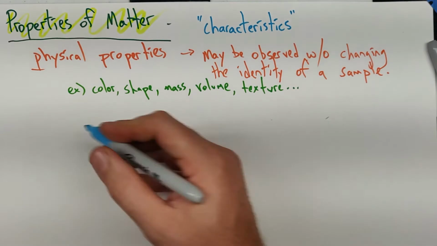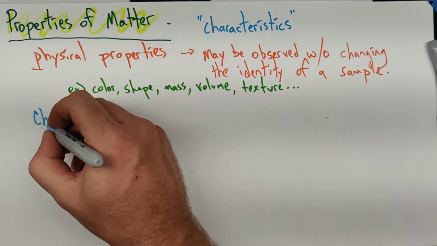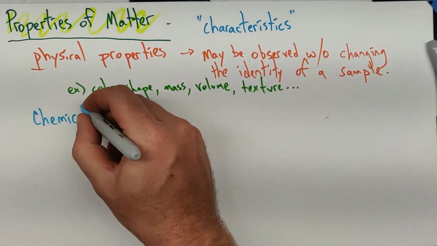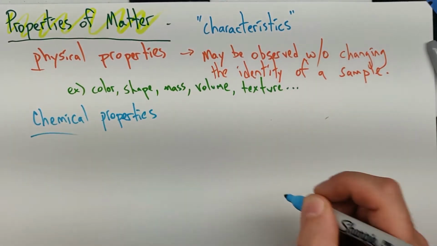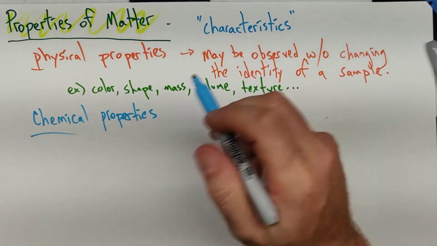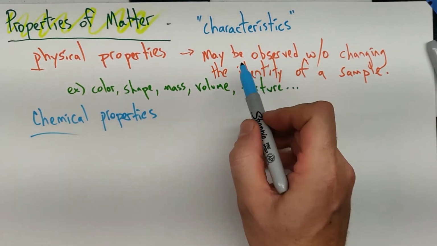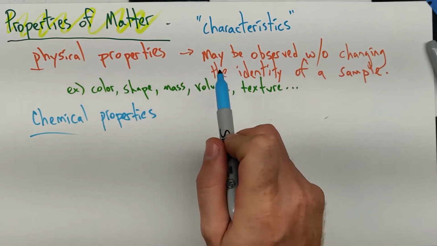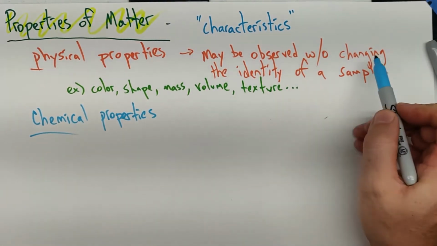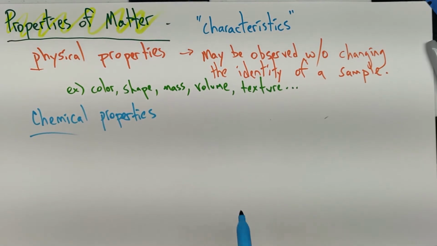Now, in contrast to our physical properties, we have to look at chemical properties. I'm trying to choose a color wisely here. I would hope that looking at the physical properties definition, where we have this idea you may observe them without changing the identity of the sample, the opposite of that would be you change the identity when observing, right?